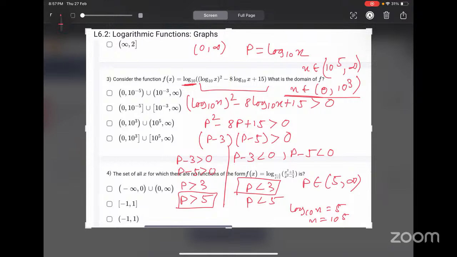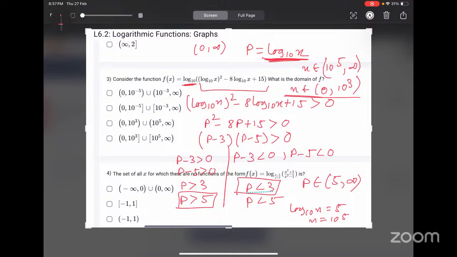We are taking log 10x, right? If I take something negative, then log 10x will not be defined, right? The domain of the logarithmic function is from 0 to infinity. That means if I take any negative number, we can't define log 10x. That is why we will not take any negative number.